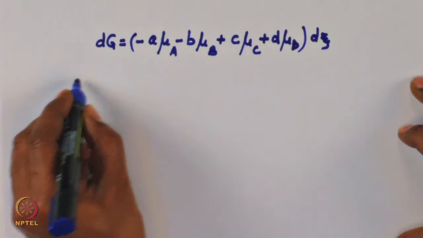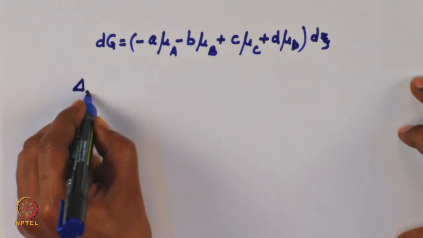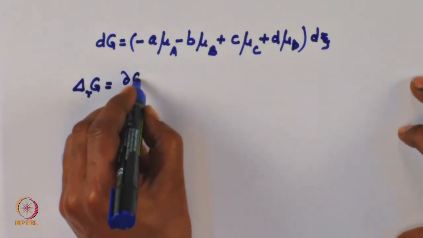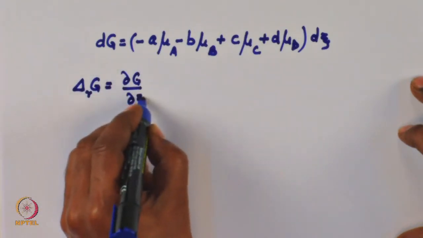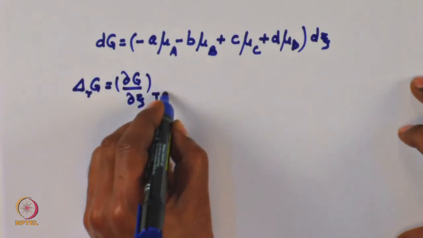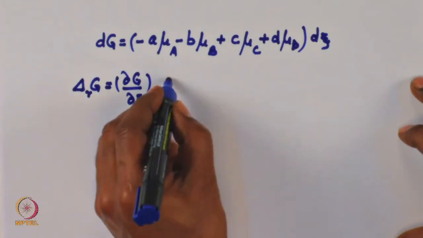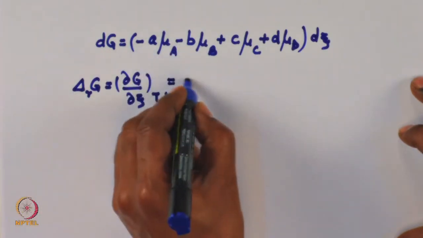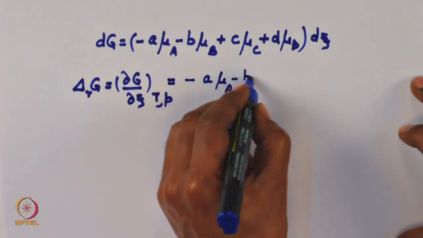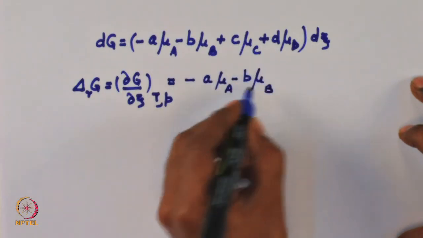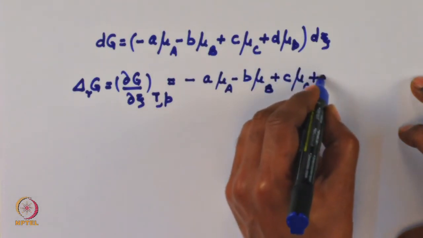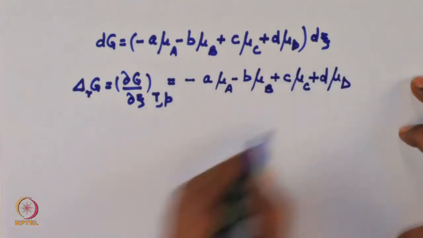Now, we know that earlier we defined the reaction Gibbs energy to be the slope of Gibbs energy with respect to extent of reaction at constant temperature and pressure. From this expression, it is minus nu A mu A minus nu B mu B plus nu C mu C plus nu D mu D.